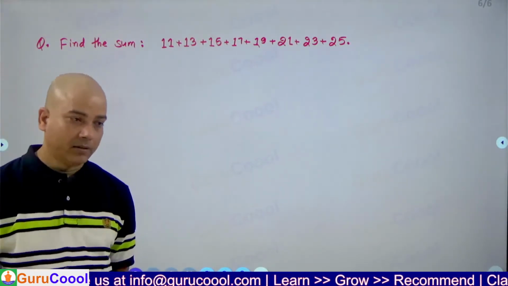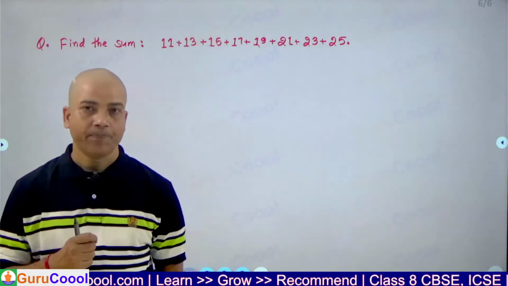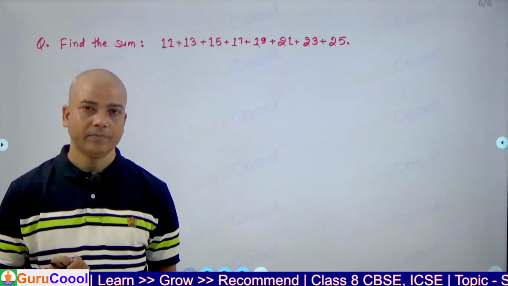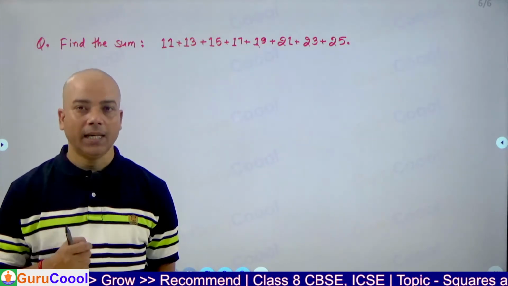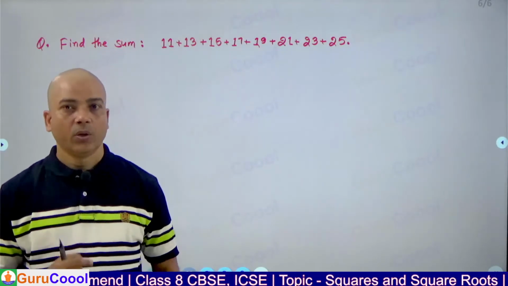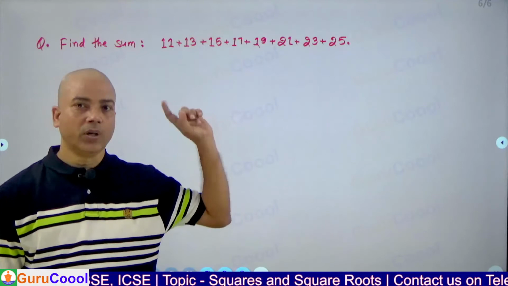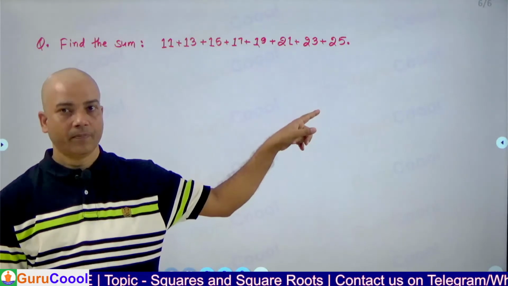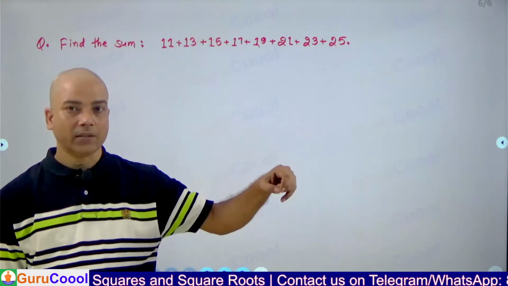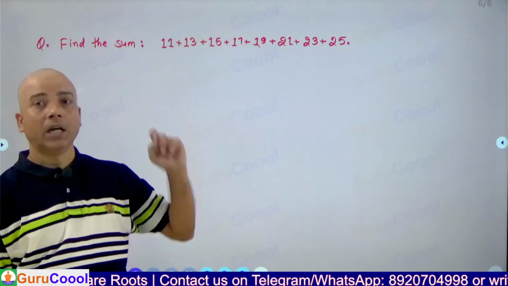You don't know how to tell. That means you don't have a clearer idea. If you have a clear idea, you know how to tell. You will take the sum of odd numbers from 1 to 25, then subtract the sum of odd numbers from 1 to 9.